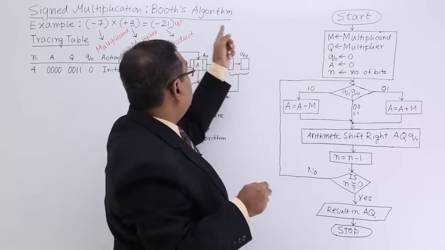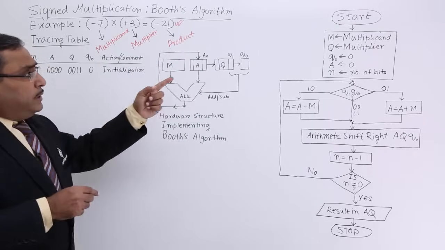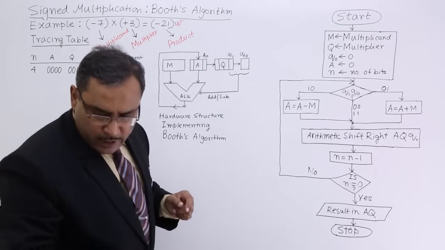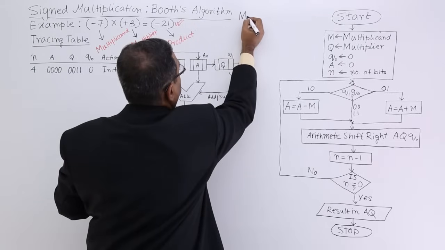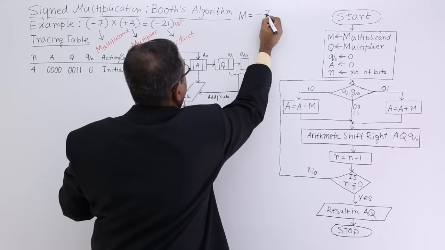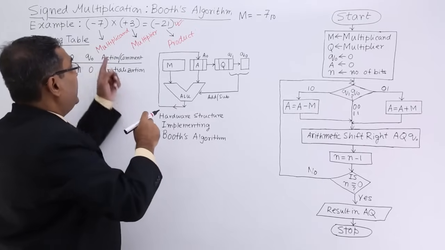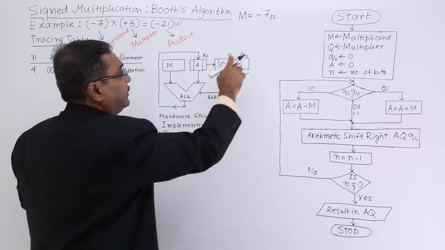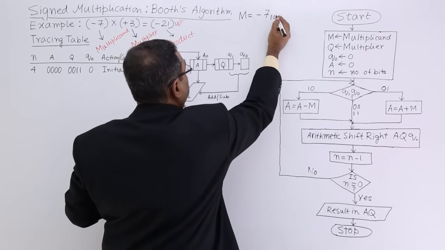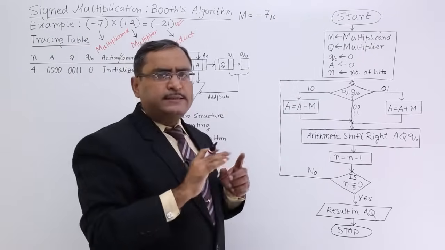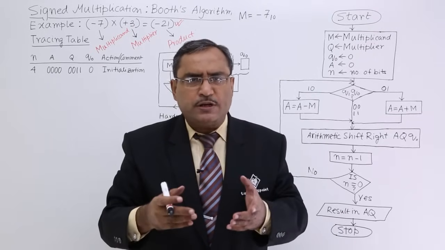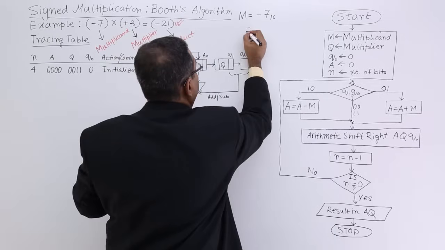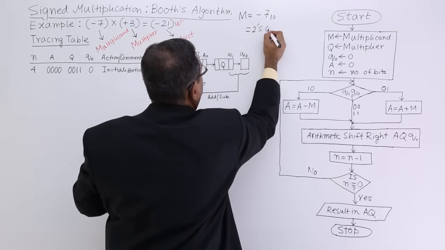Now, let me come to discuss M, which is equal to the multiplicand. So, let me go for this M calculation. M is equal to -7 as in this given example. Now, how to represent -7? -7 is nothing but the 2's complement of the binary representation of 7. So, I will write this as 2's complement.